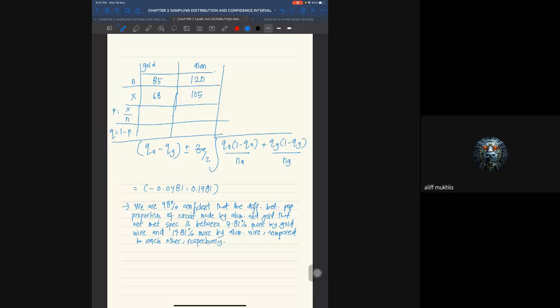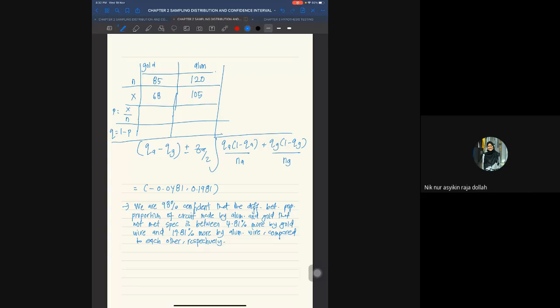Yes, I got 0.8. Then 1 minus P, I got 0.2. Sorry, never mind. I thought the answer below was for the Q of aluminium. No, sorry, this is the confidence interval already. Any more questions?